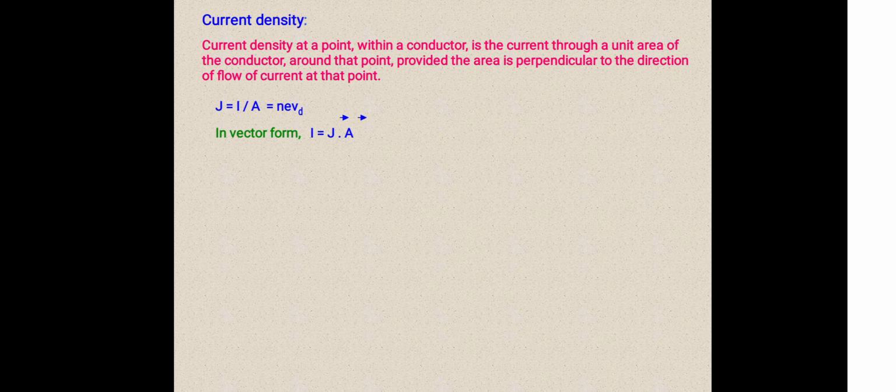So J will be I by A, and we know that I equals nAeVd. Now we put the value of I, nAeVd divided by A, A cancels, so J will be nevd. Or in the vector form, I equals J dot A.